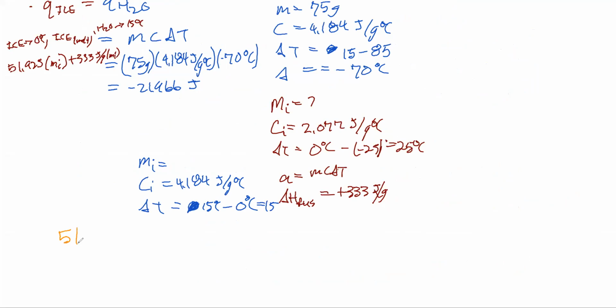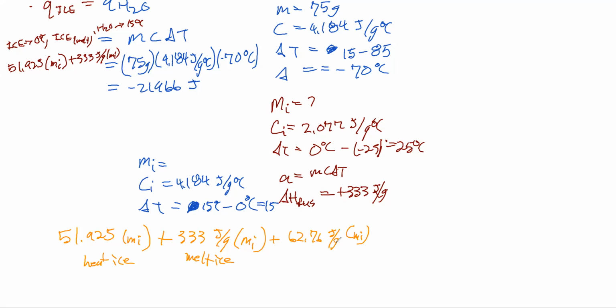So our ice starts at 51.925 times its mass plus 333 joules per gram times its mass. So this was to heat the ice. This was to melt the ice. And then the 62.76 joules per gram. This was to heat the melted ice.